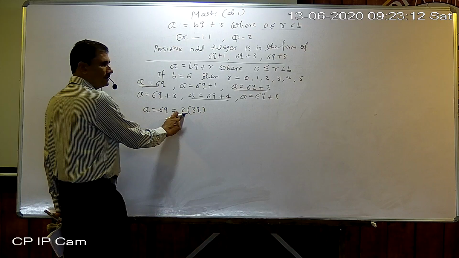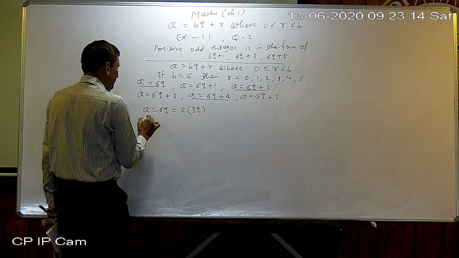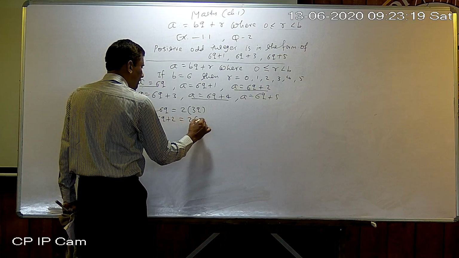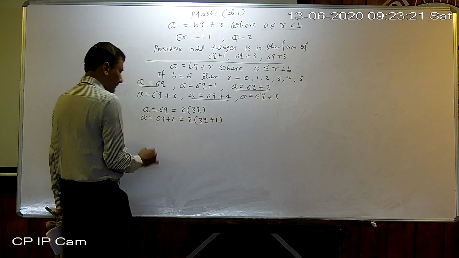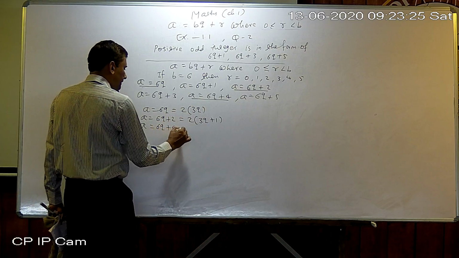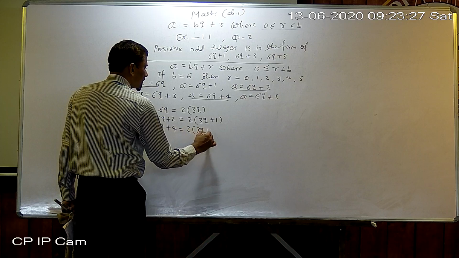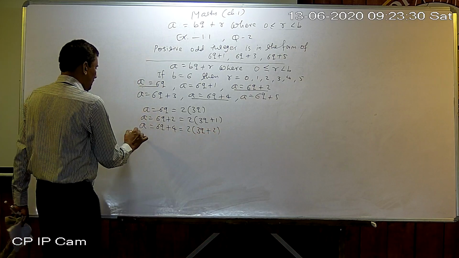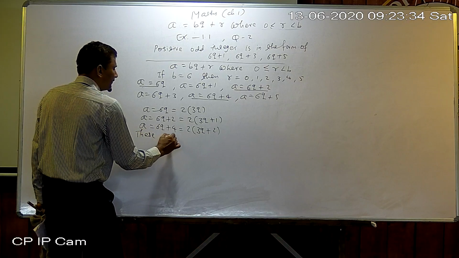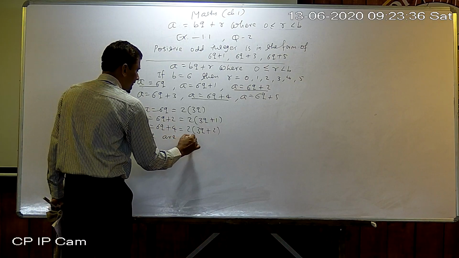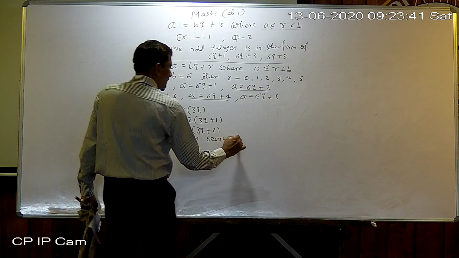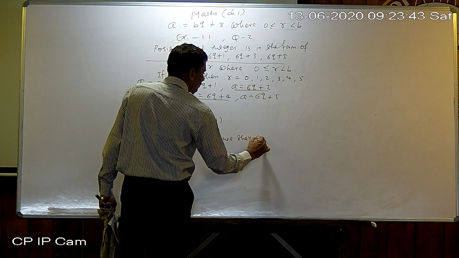Take only 2 common, not more than 2. a equal to 6q plus 2 is equal to 2 common, so 2 into 3q plus 1. a equal to 6q plus 4 is equal to 2 into 3q plus 2. So these are even because they can be divided by 2.